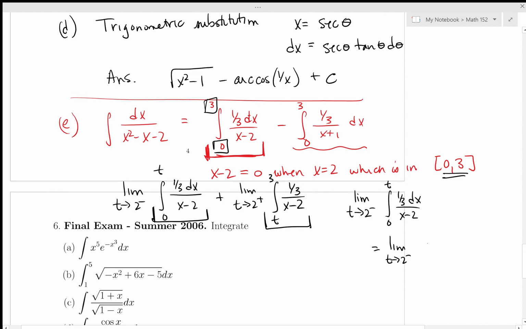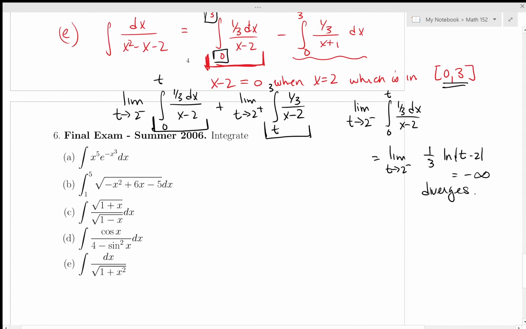That will be 1/3 of the log of x minus 2, evaluated at t. I imagine taking this limit. We're into a calculus 1 problem. It diverges. Again, we're going to come to this; we're not there yet. But that is one of our questions. Let's keep going. We've got a bunch more questions here.